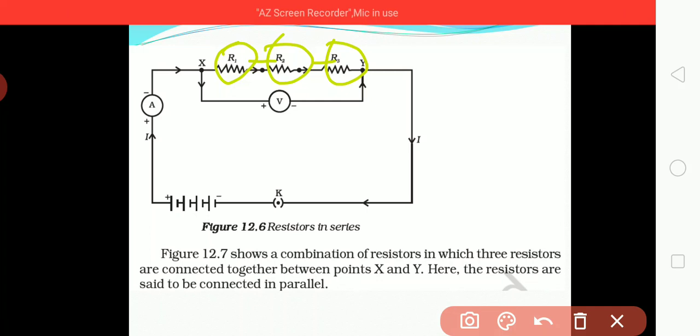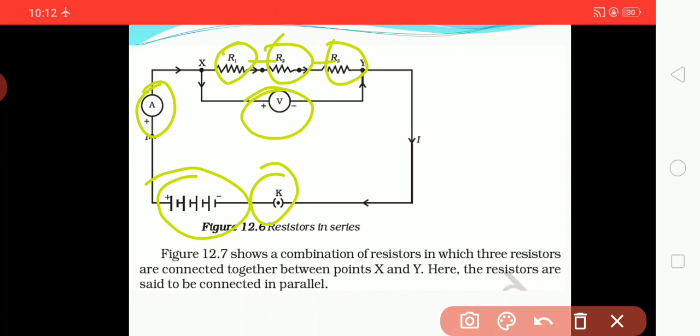In this we can see the presence of an ammeter, voltmeter, key and battery, and the direction of flow of current is this way, positive to negative.